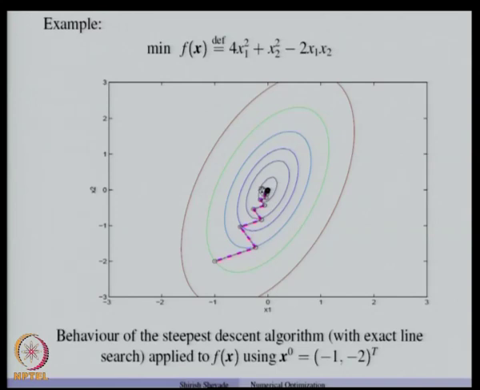So, more than 20 iterations were needed in this case to reach from -1, -2 to 0, 0, if we use steepest descent method with exact line search.